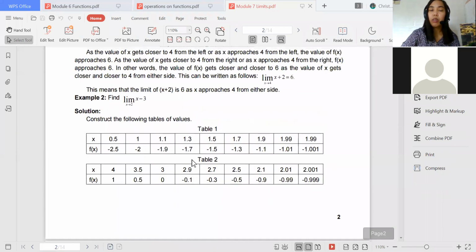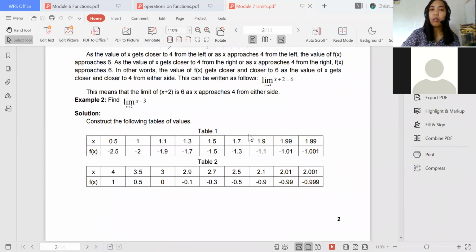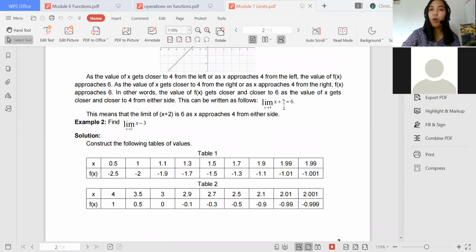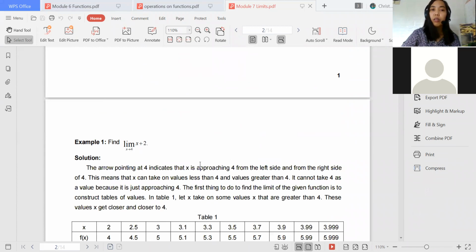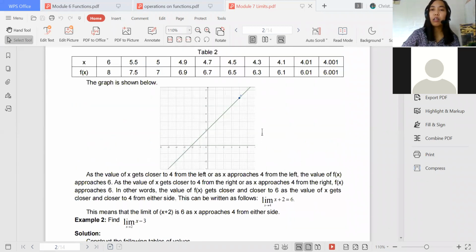It's the same with the previous examples. 2 minus 3, it's negative 1. Here, 4 plus 2, so the limit is 6. Example number 1, that is the answer, 6.